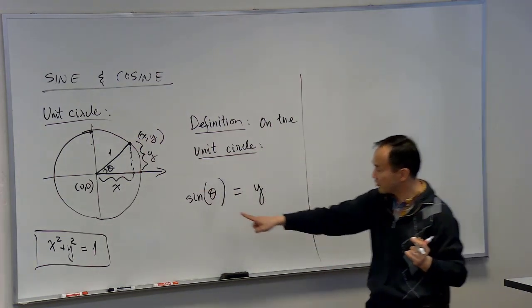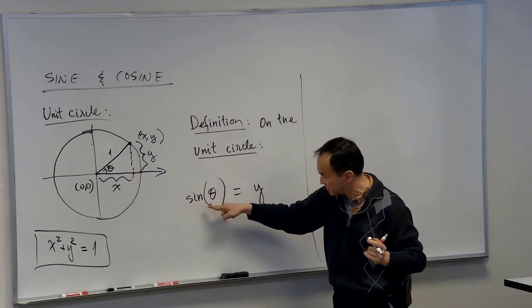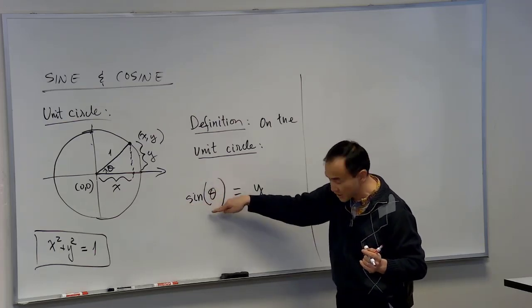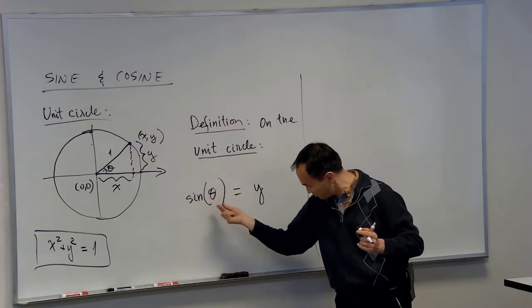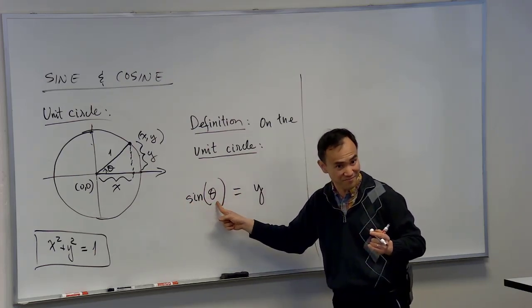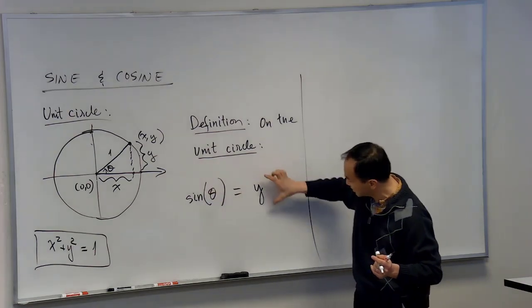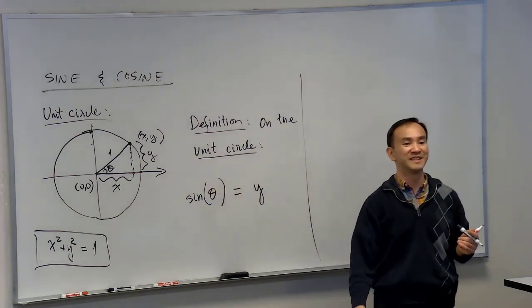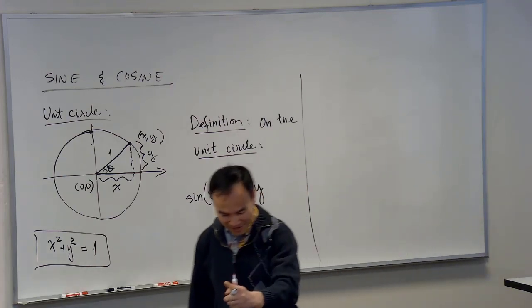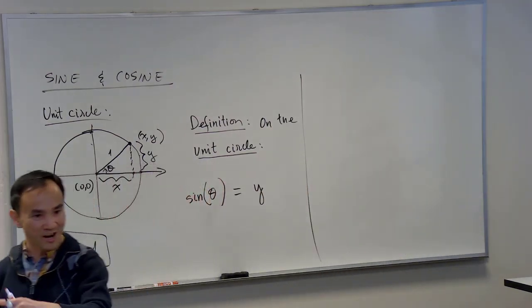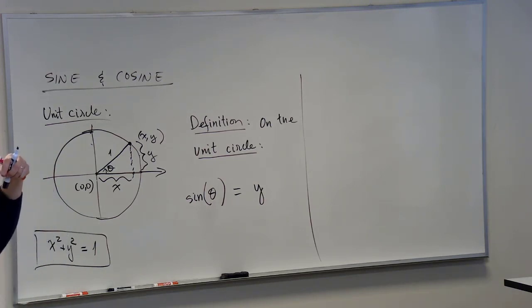Notationally we write sin, and then in parentheses theta. We're talking about a value in reference to that angle right there. And that value means the y value. So that's what we define. We let it be that way. So the sine value of the angle theta is the y-coordinate, the vertical coordinate.